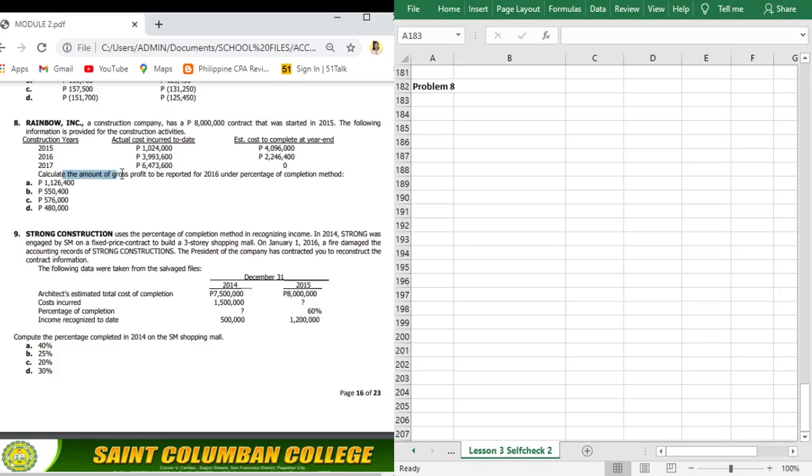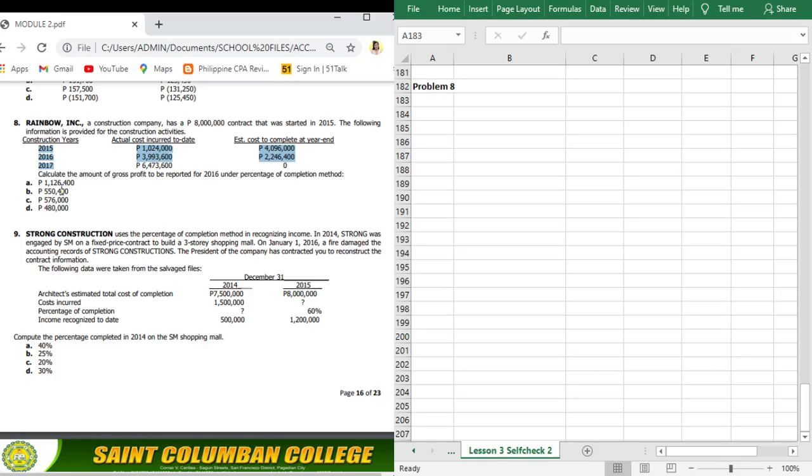Question: calculate the amount of gross profit to be reported for 2016 under the percentage of completion method. So, take note class, na kani siya, di ba? Number of years, it took more than a year before nahuman ang project. So, unsa may tendency ani? The tendency is that, since we are to recognize our gross profit and dili ang tibuok cost, nato actual cost, because ang ato arang actual cost is katong cost to date, but for the future cost we only estimated it.